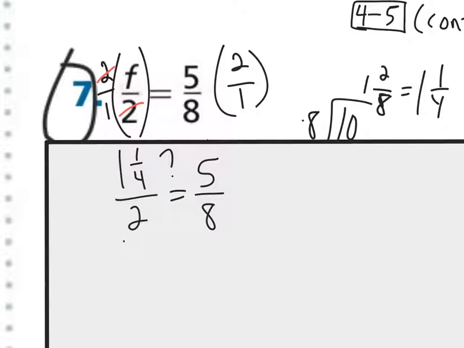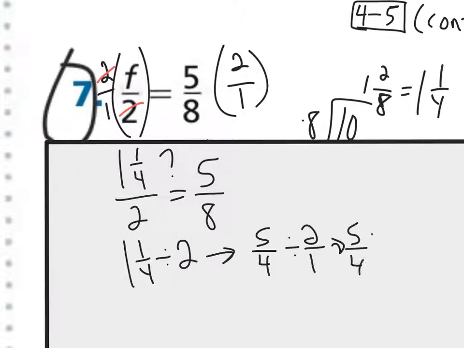Okay, now that looks kind of weird, but if you change that over, keep change reciprocal, and there it is, 5/8. That's what we wanted. So again, if you have time, check your answers by substituting in.